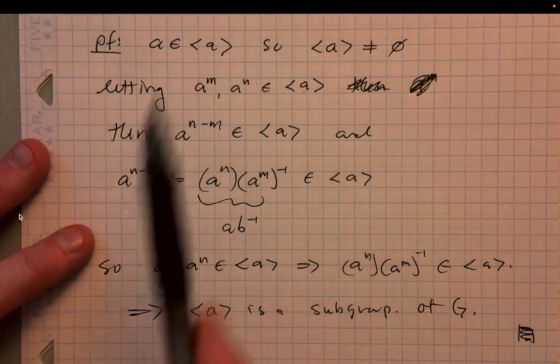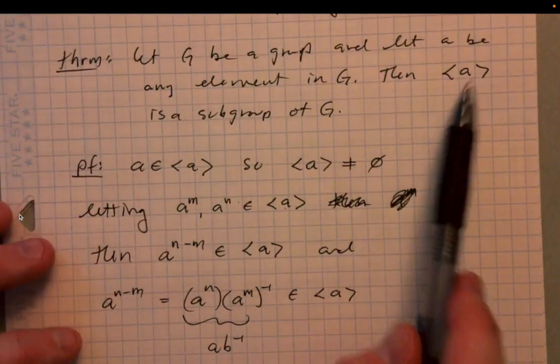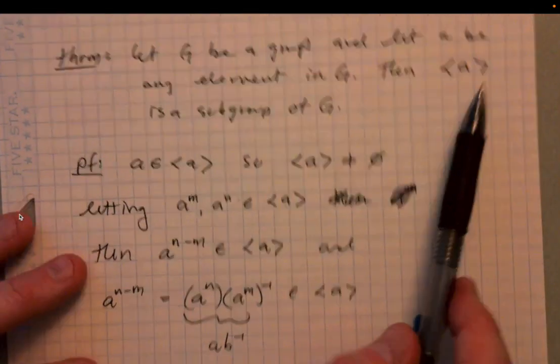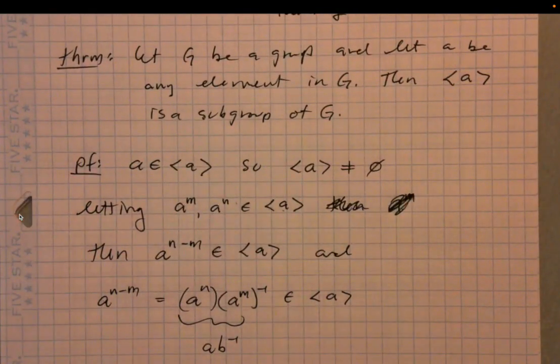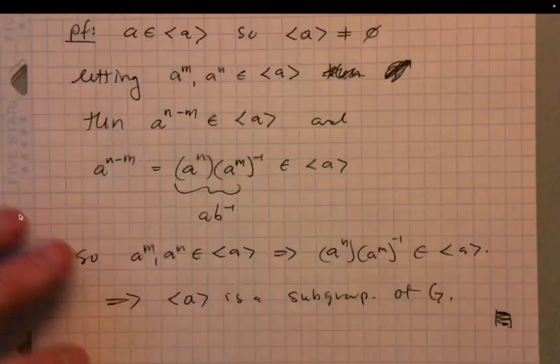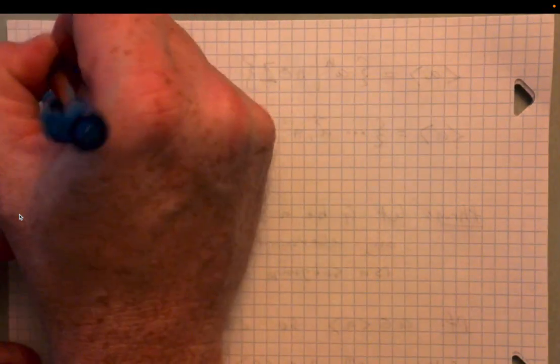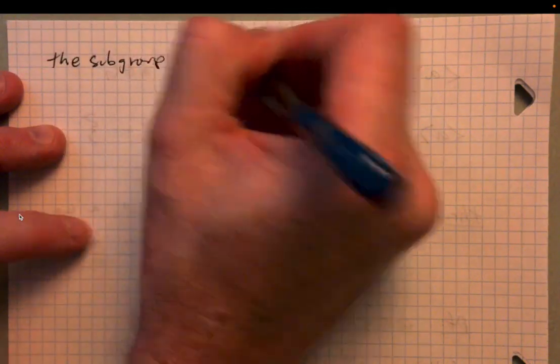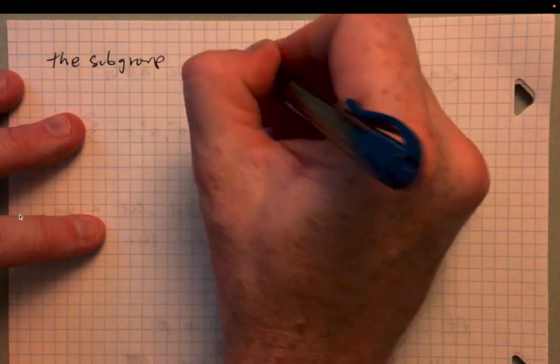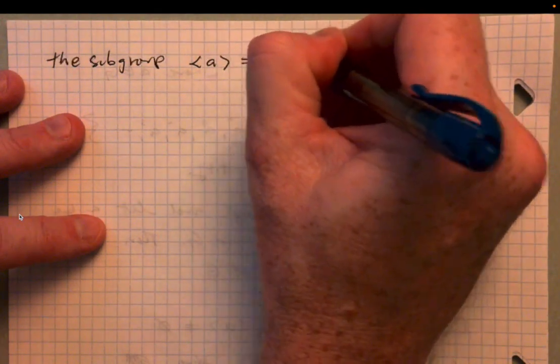So any time you have this subset, it's automatically a subgroup, right? This is just exponentiating. And now let's take a look at an example of this. A couple of examples. These are interesting. Actually, I think I might have said it just now, but this subgroup, let me just rewrite it one more time.